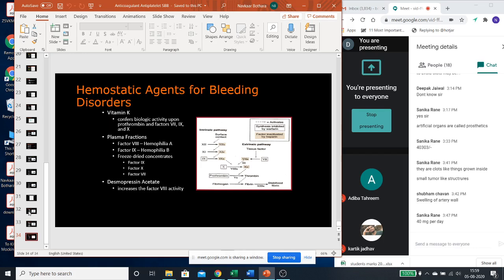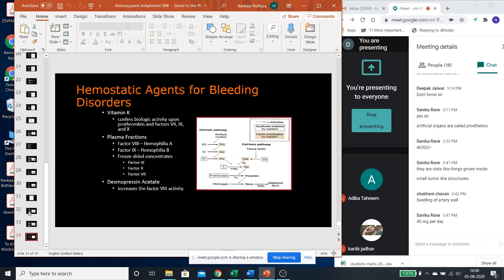These factors can be directly administered, and they will help in the control of bleeding when the bleeding is very excessive and not controlled. Then another is the analog of vasopressin, desmopressin acetate, which increases factor 8 activity and can also be used to control the bleeding.